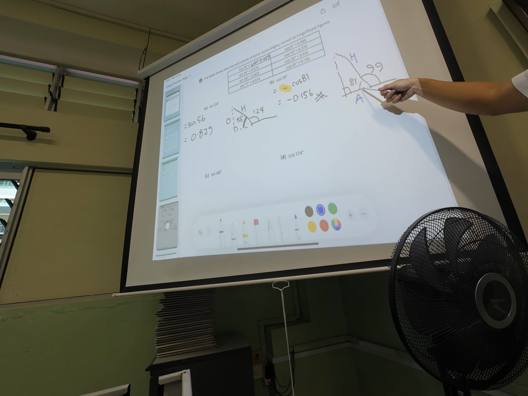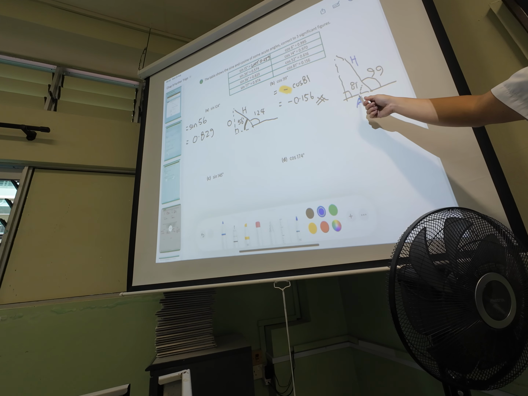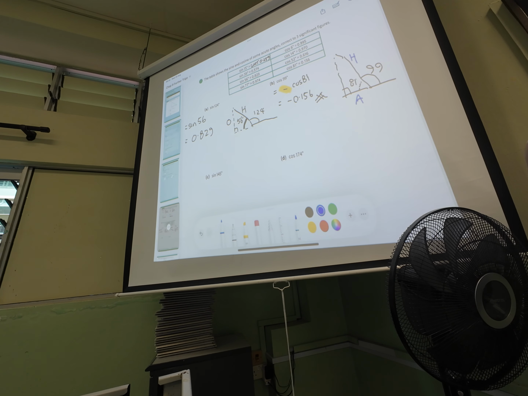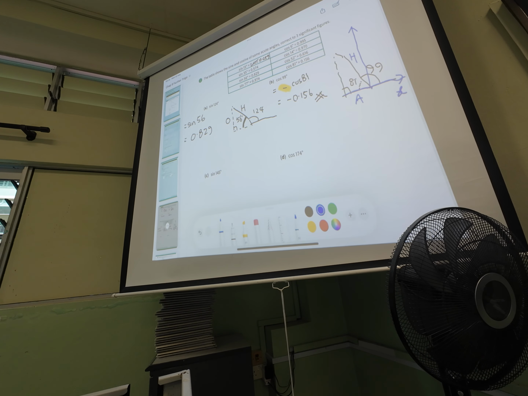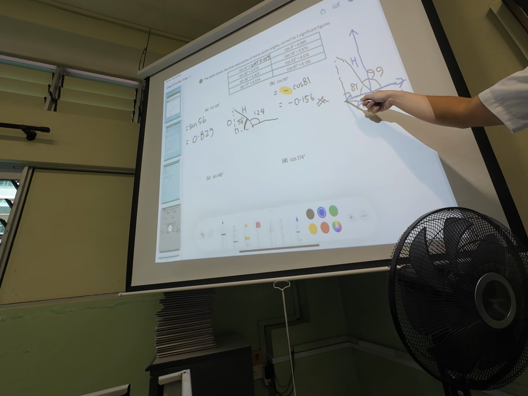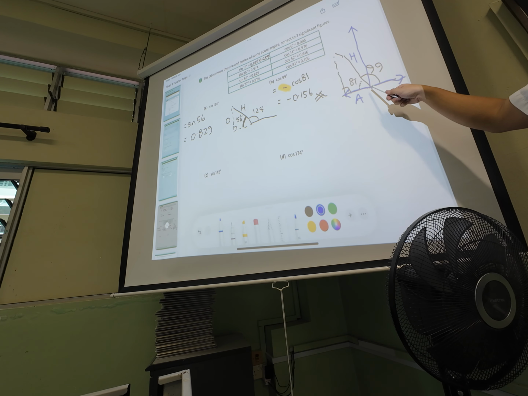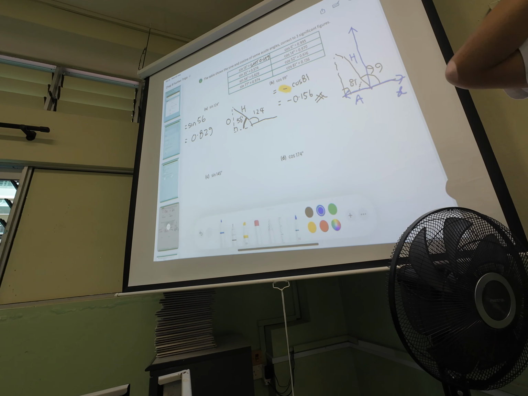But the adjacent of 81 here is a positive value. But when we're talking about this 99, remember I showed you the y-axis, x-axis. This time my A is going to the left, so my A is a negative value for this 99. That's why you end up with the negative of your cosine 81.